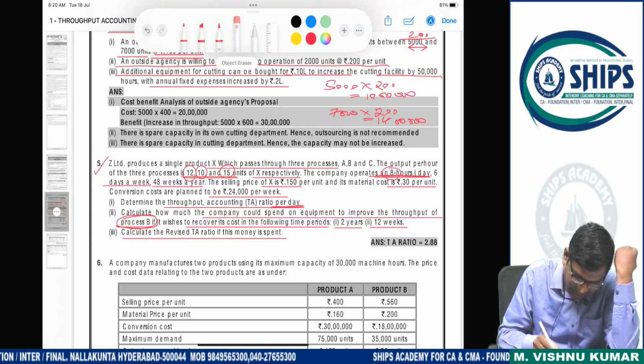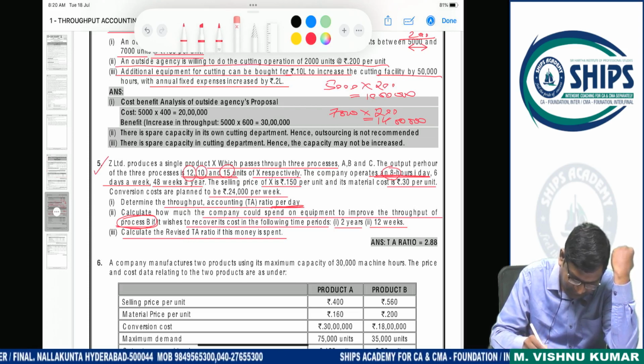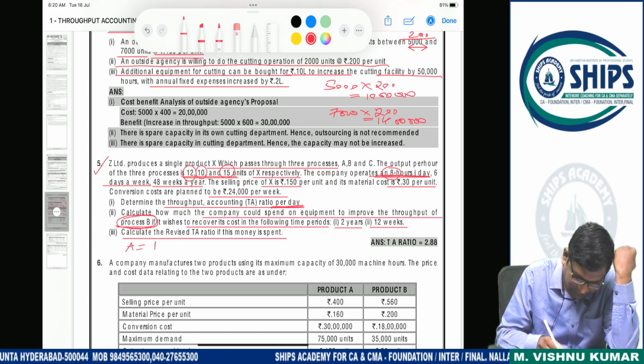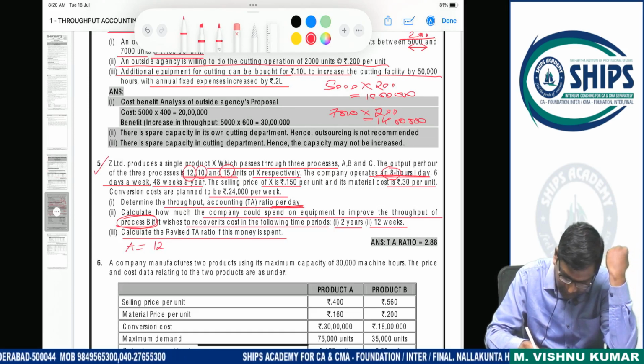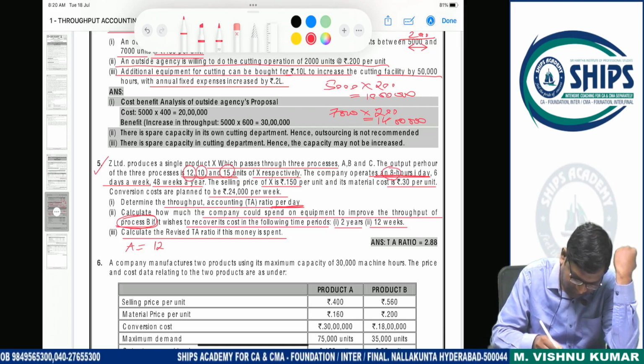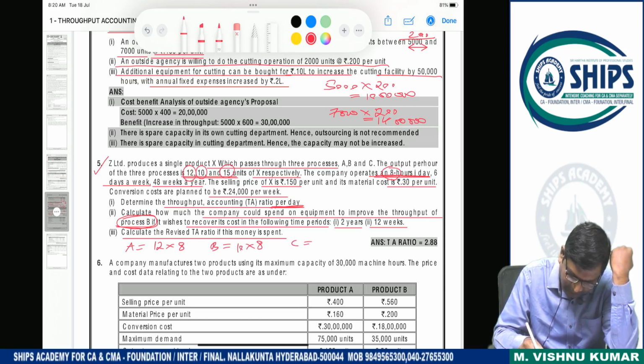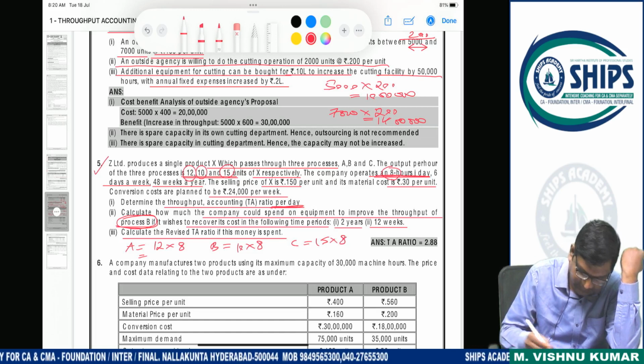A, B, C, 3 processes are there, and the output per hour of these processes. A: 12 units into 8 hours. B: 10 units into 8 hours. C: 15 units into 8 hours.